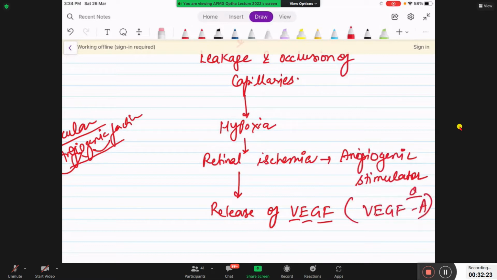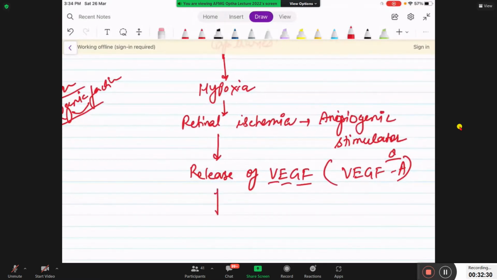Important question. These vascular endothelial growth factors lead to neovascularization.